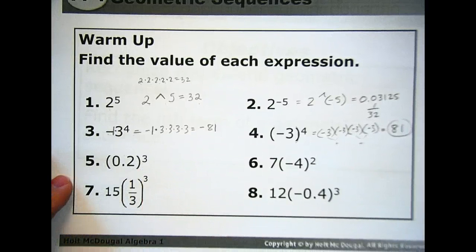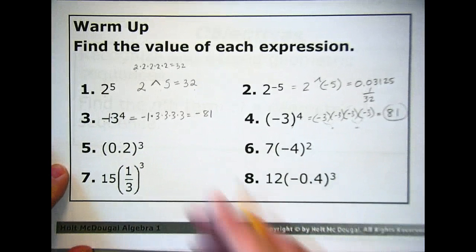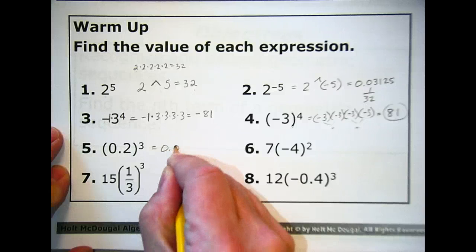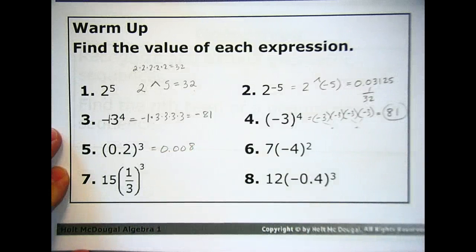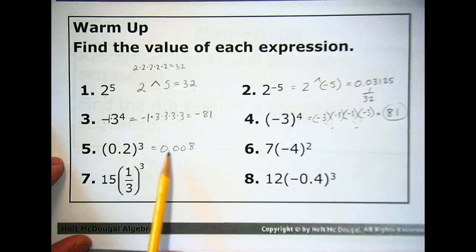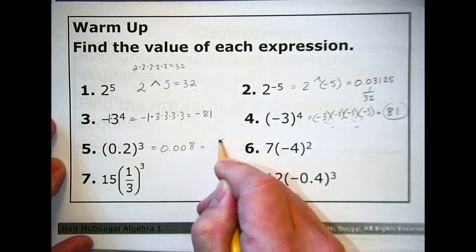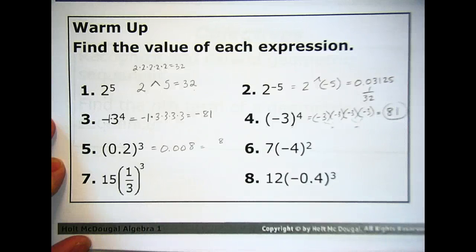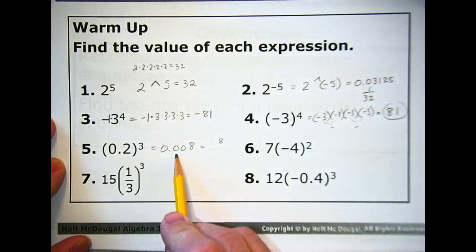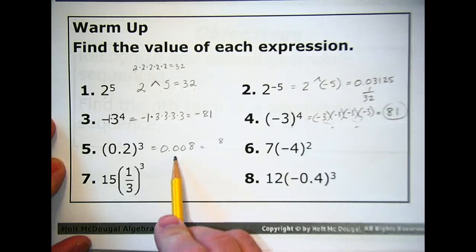2/10 to the 3rd. I got 0.008. How many got that? That's very good. That's 8 over what? How many know how to change this? Does anyone know how to read that?